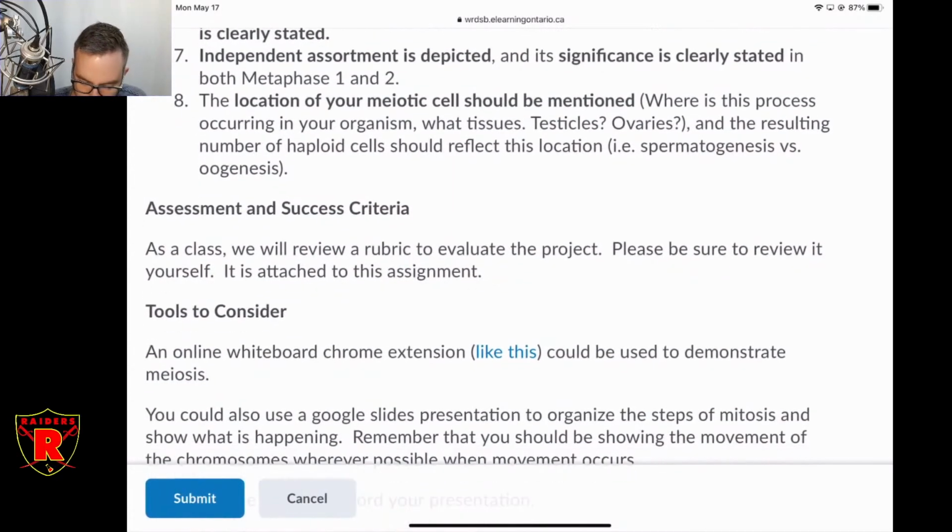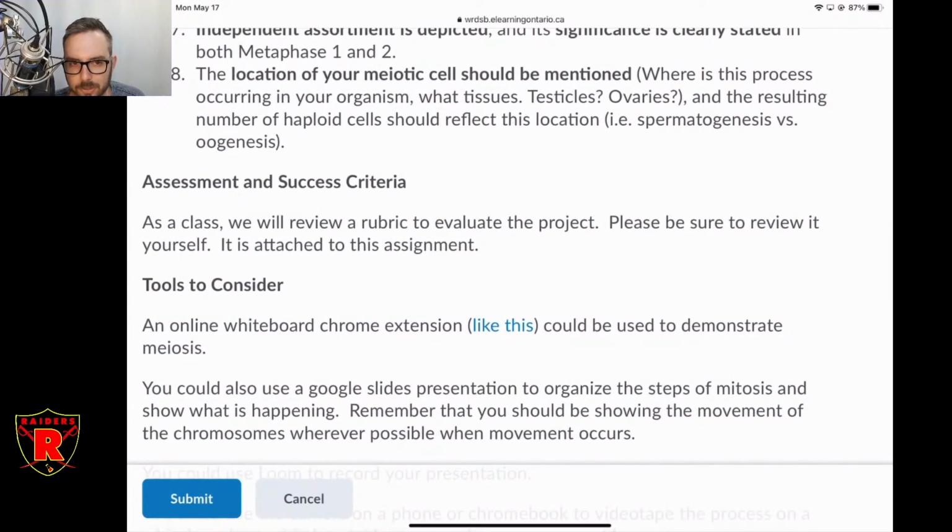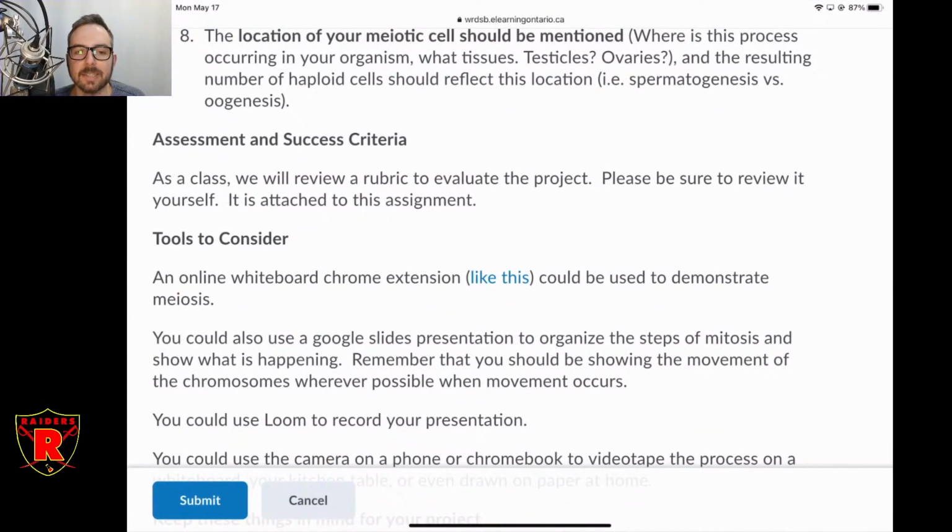And then I already mentioned this, you need to explain where this meiosis is happening in your organism. Okay, so the idea here is that you are going to make some type of live presentation, again, very similar to what I've just done here. And there are lots of ways that you could potentially do this.